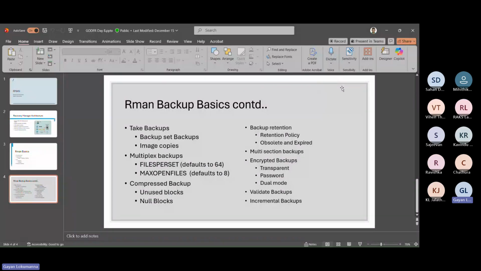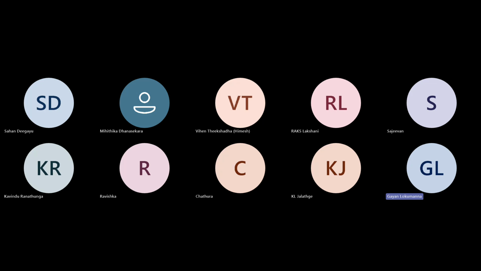Session or last week. So in this session, we are going to explore some more commands with regards to RMAN backups. So without taking much time, I will just switch my screen. Let me just stop sharing once again and share the POT screen.